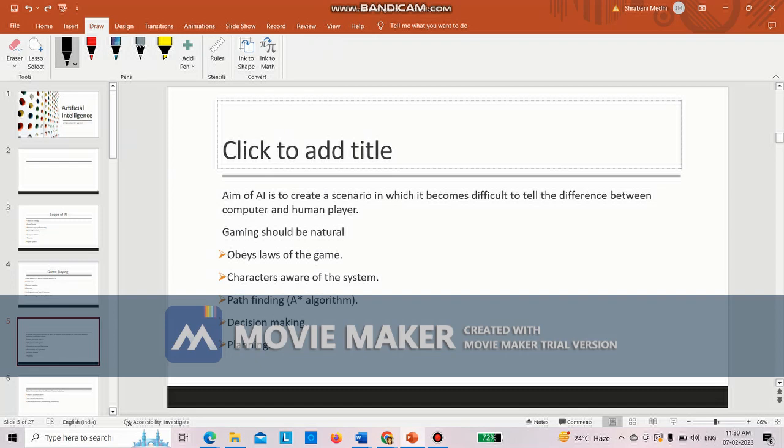That is the aim of artificial intelligence in game playing. The gaming should be natural. The machine should play the way a human being would play the game, in a natural way, and it should obey the laws of the game.